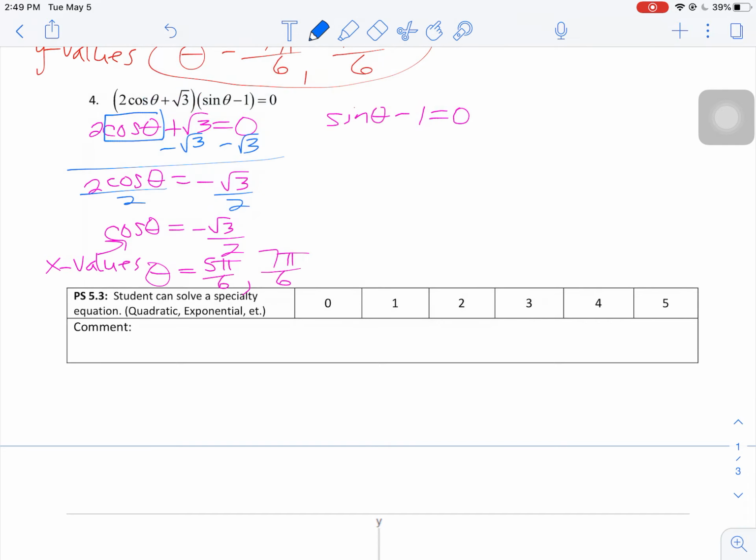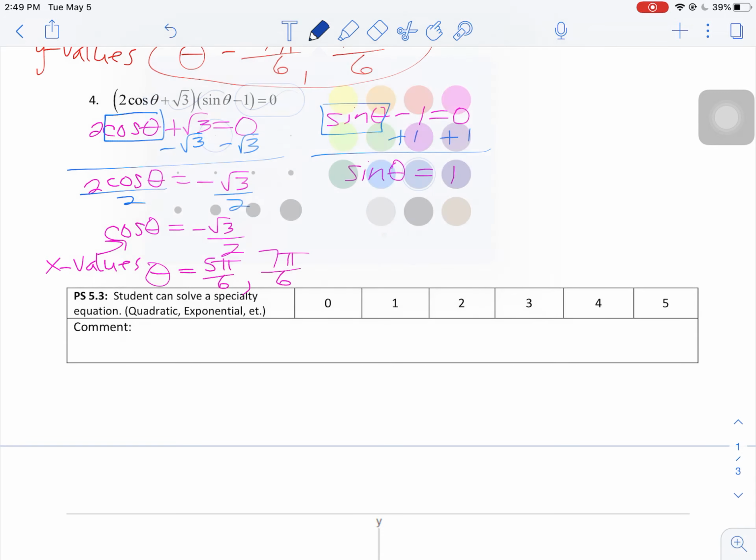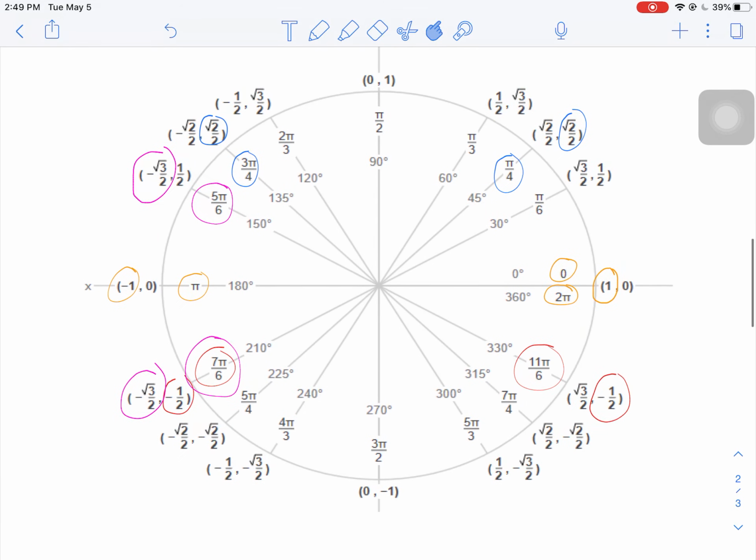Then, looking at our other equation, don't forget about that other one, we want to isolate the sine theta, so you have to add 1 to both sides of the equation, and we get sine theta equals 1, and then sine is y values, so I'm looking for y values of 1.